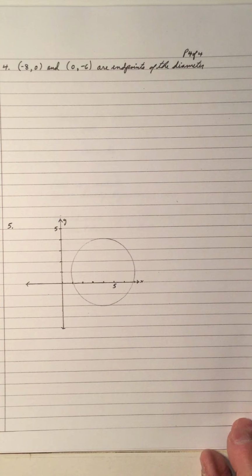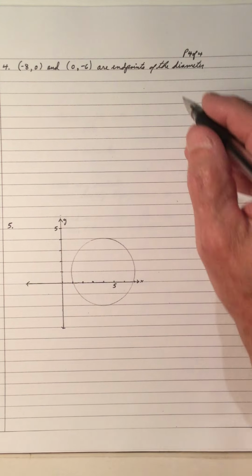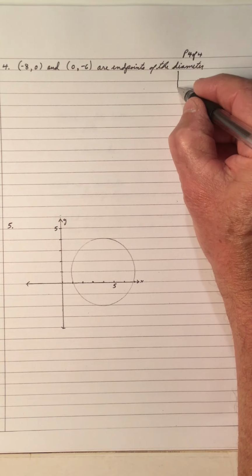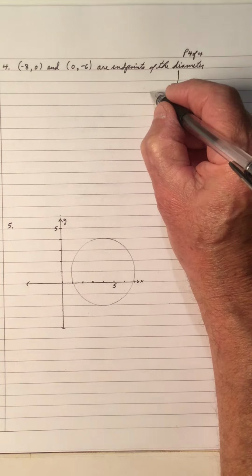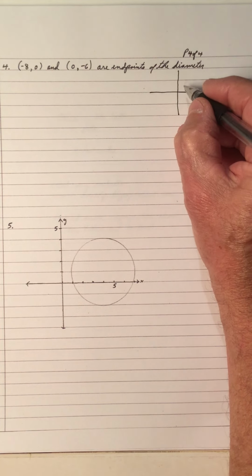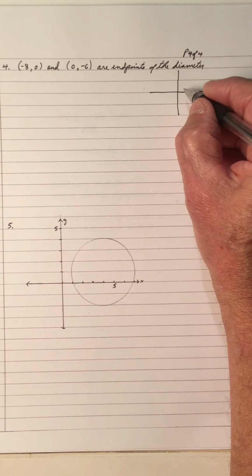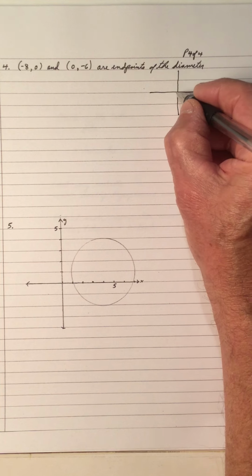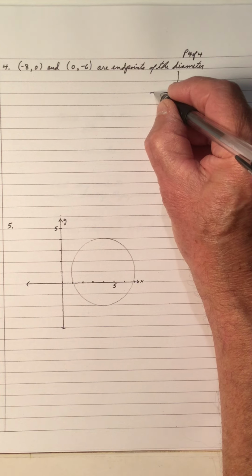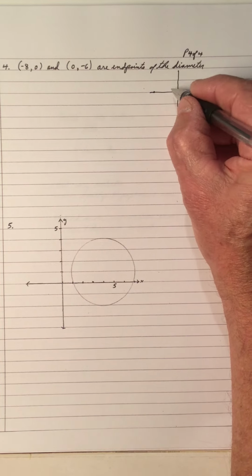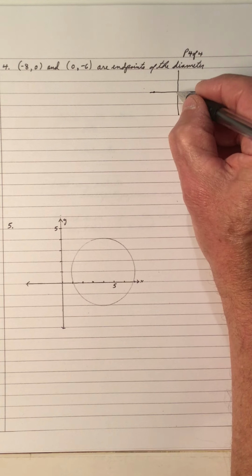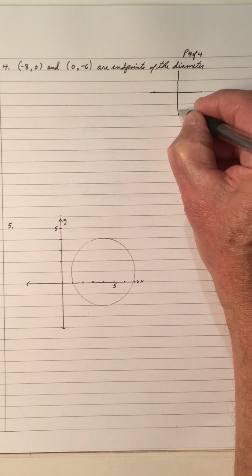Number 4, negative 8, 0, and 0, negative 6 are the endpoints of the diameter. So just have a look at that. Just draw a little figure here. Negative 8, 0, let's pretend is right here. And 0, negative 6 pretend is here.